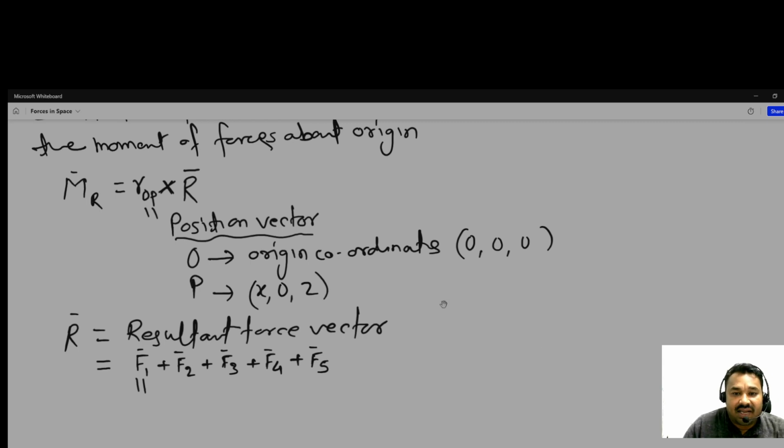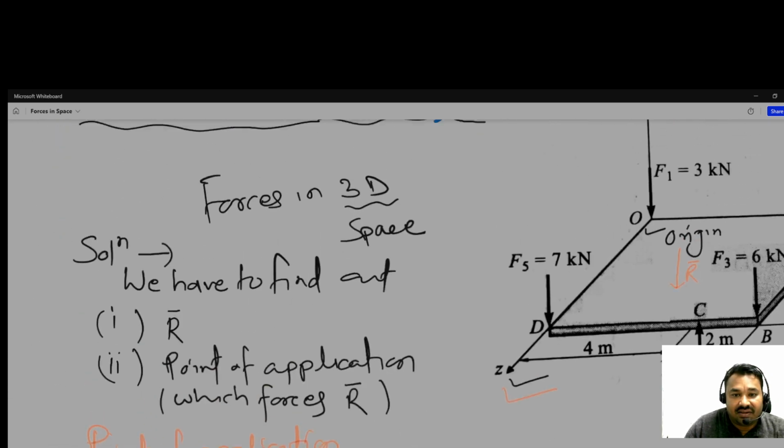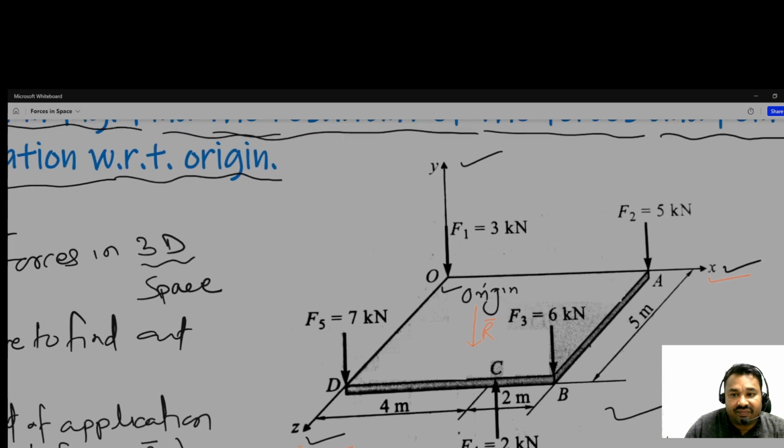We need to come back to the figure. So this is F1. F1 is 3 kilonewton. F2 is 5 kilonewton. F3 is 6 kilonewton acting downwards.